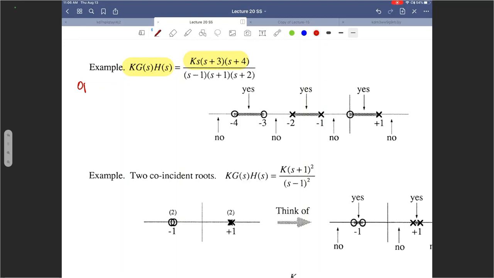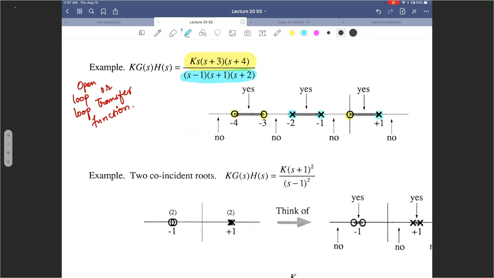So for the loop transfer function, in this case, I have 3 zeros and 3 poles. Let's try to locate those 3 zeros and 3 poles. For the zeros, I've got 1, 2, and 3. And for the poles, I've got 1, 2, and 3.